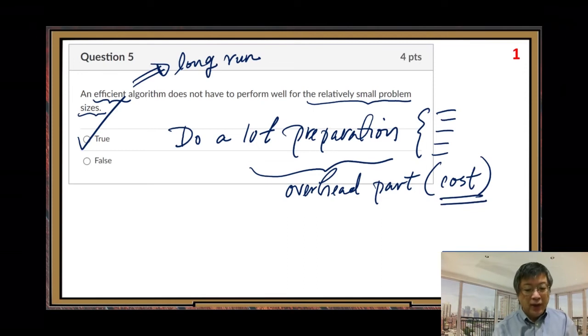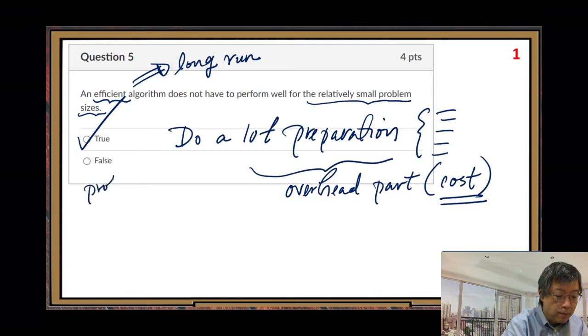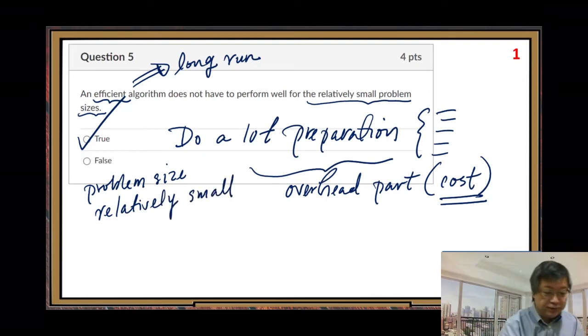All right? Now, based on this knowledge, let's look at the problem with a relatively small problem size. Let me draw a diagram.